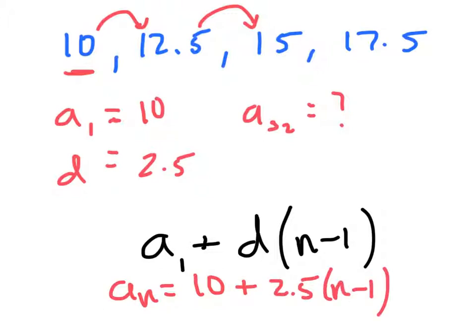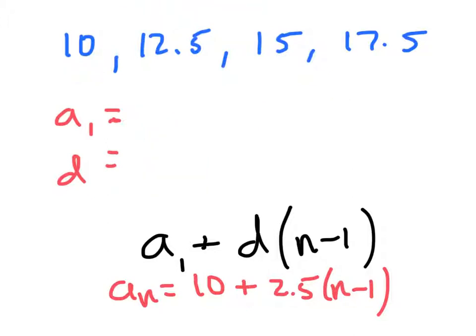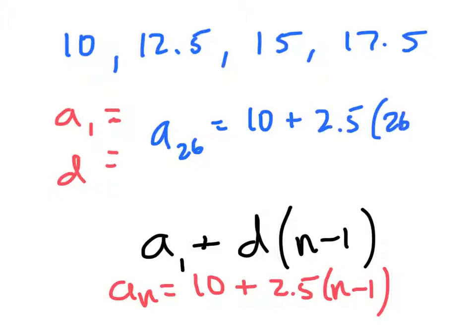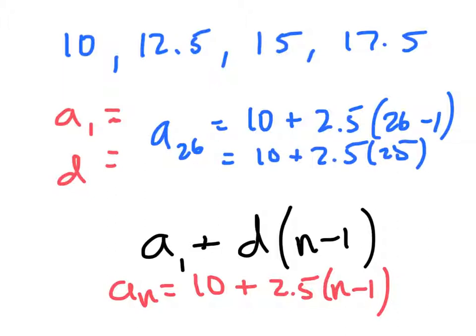Okay, now if I wanted to then figure out what was the 26th term, I'm just going to plug in 26 into here. So let's look at that. So to find a sub 26, it's just going to be 10 plus 2.5 times 26 minus 1, or 10 plus 2.5 times 25.